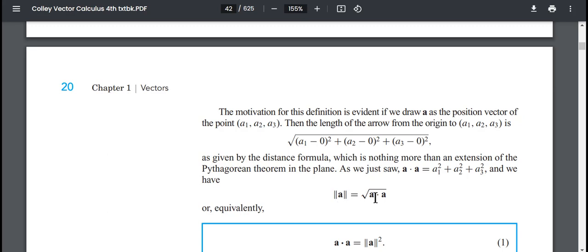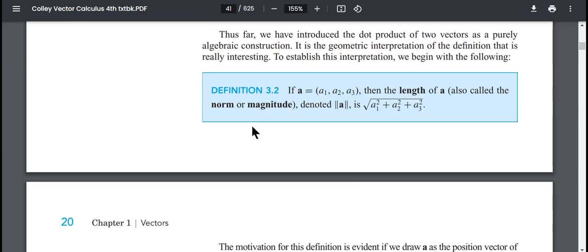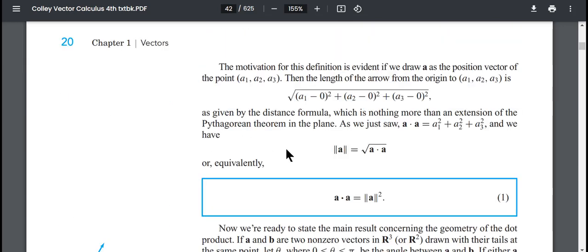So we see that we can define the length in terms of the dot product, the square root of the dot product. Again, we call it the magnitude or the norm. Norm is spelled N-O-R-M. Of course, if this is true, then if we square the norm, we get rid of the square root.